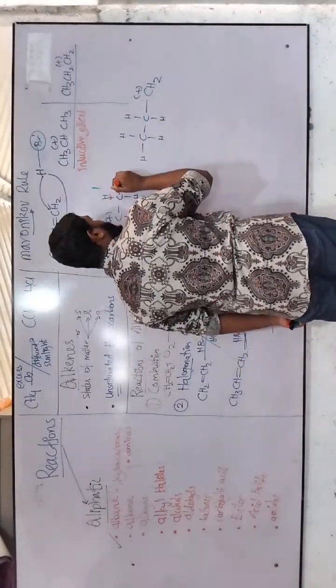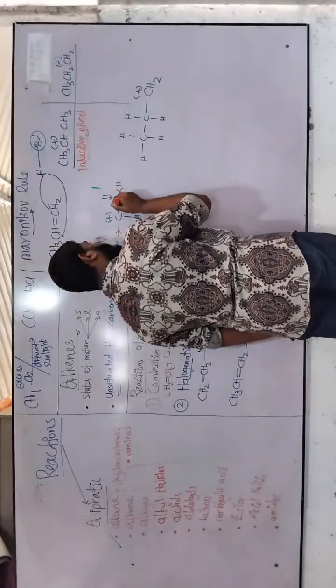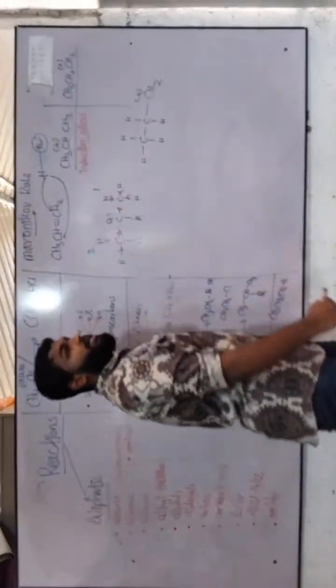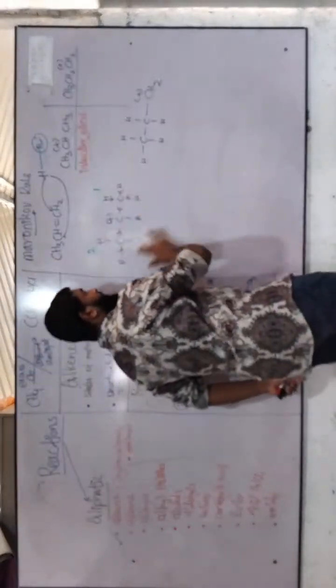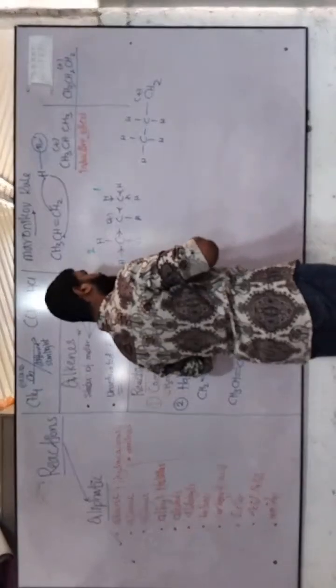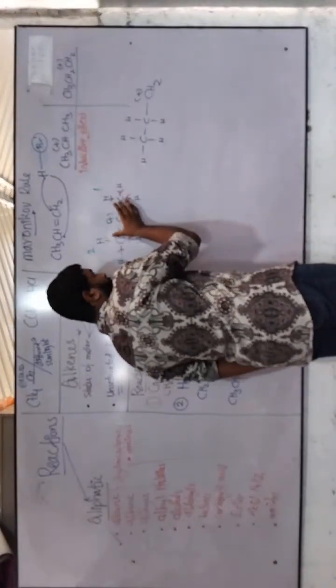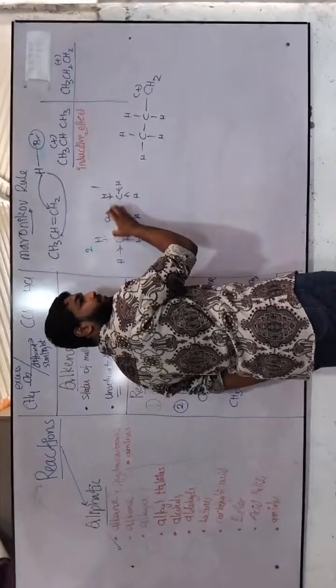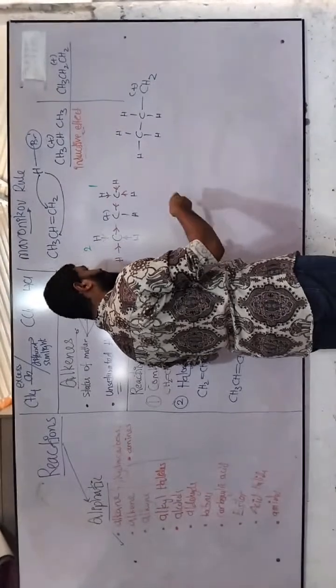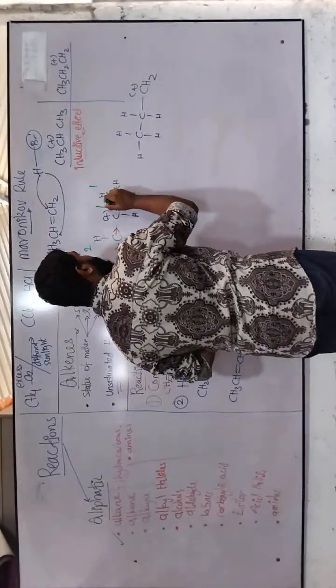So here also it is the same. As a result, this will also give an inductive effect. Once this inductive effect is in place, the electron clouds will come towards this carbon now. As a result, what will happen to this positiveness? The positiveness of this charge will decrease.